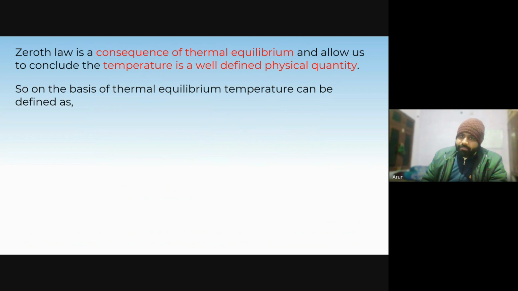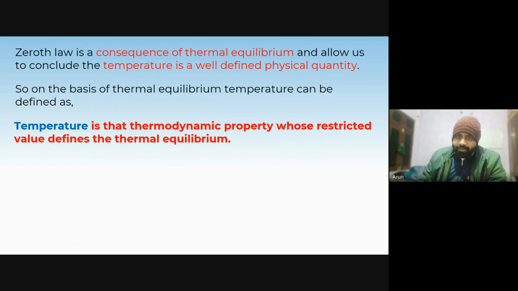So based on the thermal equilibrium, we conclude the physical quantity temperature. And that is why we can define the temperature. Temperature is that thermodynamic property whose restricted value defines the thermal equilibrium.